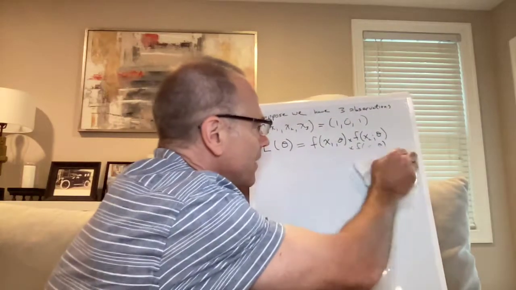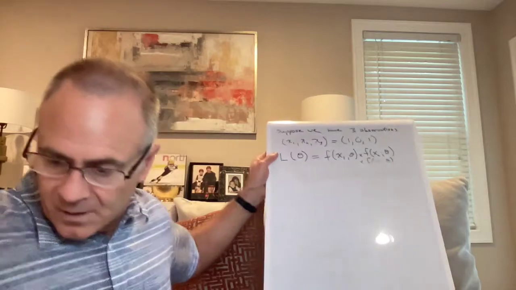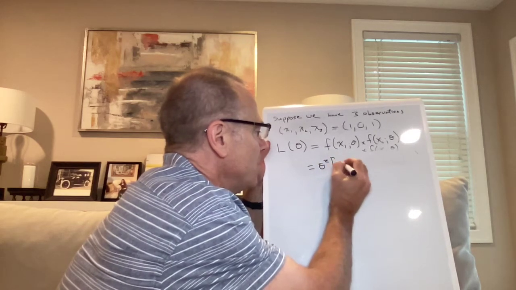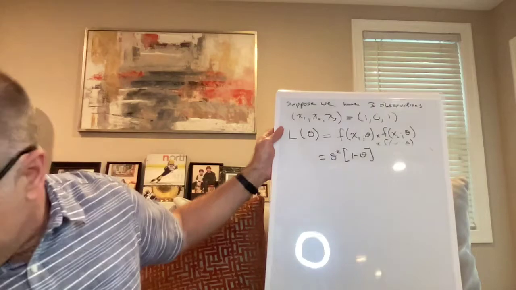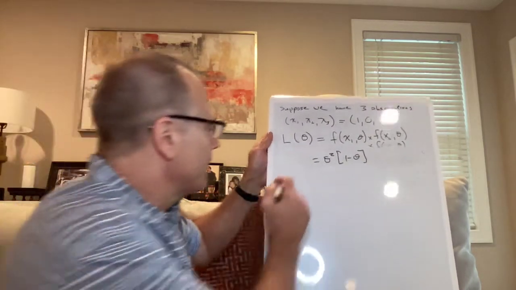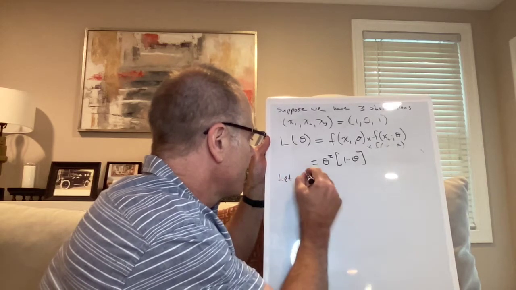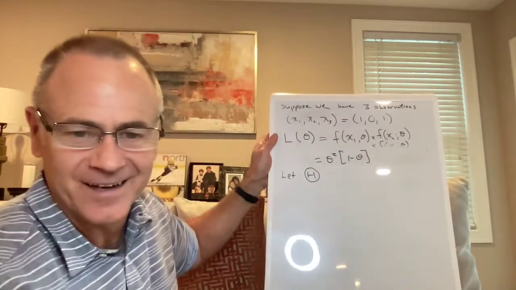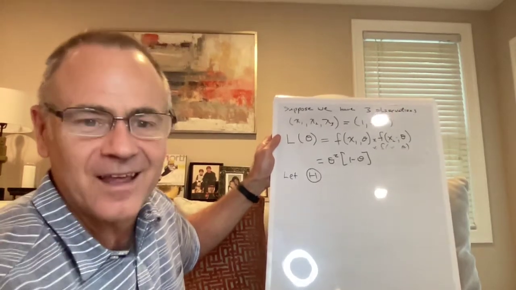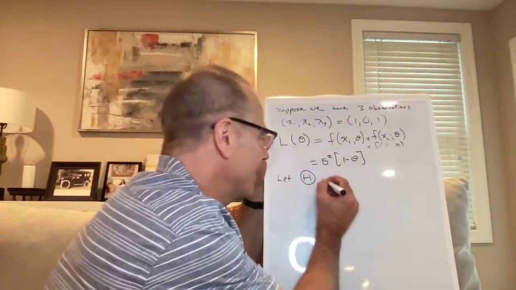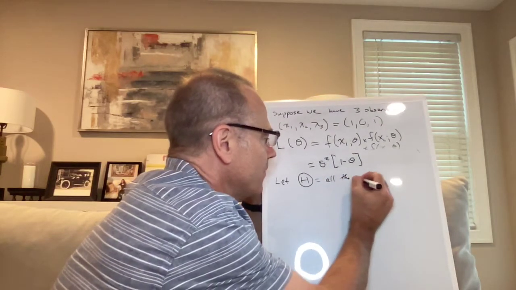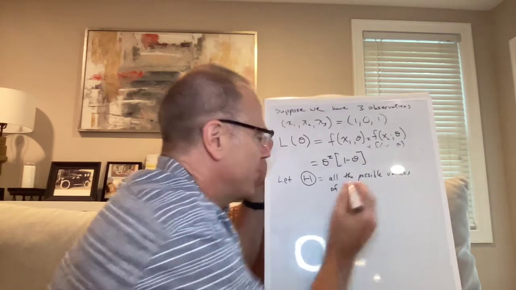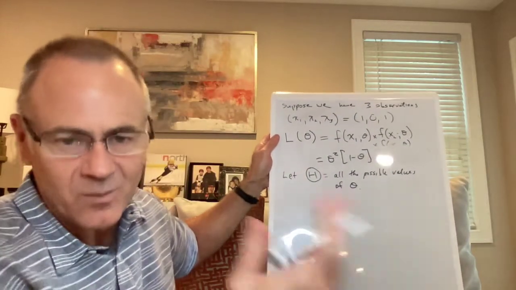Now, let capital Theta, a circle with an H in it, which is the best I can do for writing the capital version of the Greek letter theta, equal all the possible values of theta. Well, we might say it makes sense to say it's anything between 0 and 1.